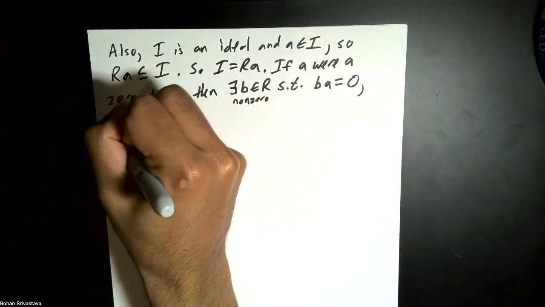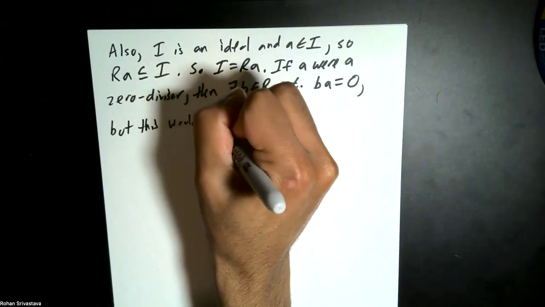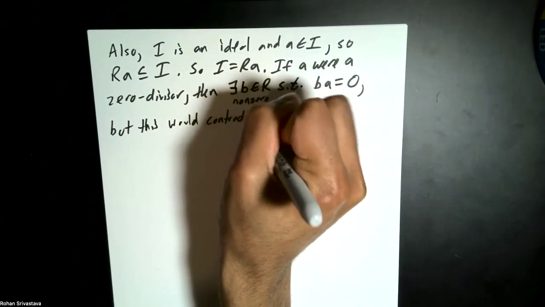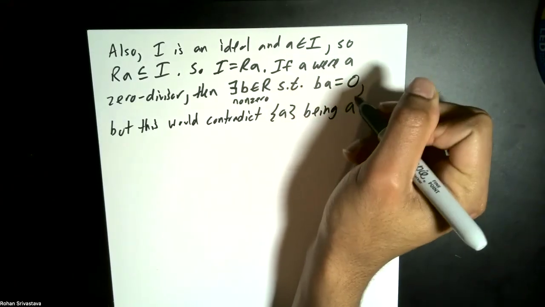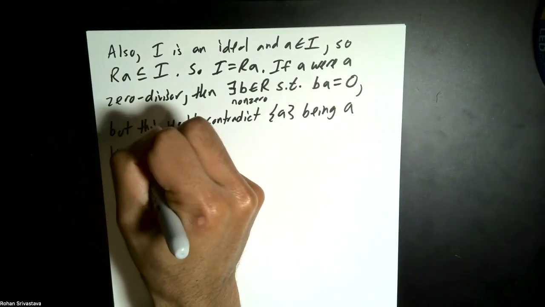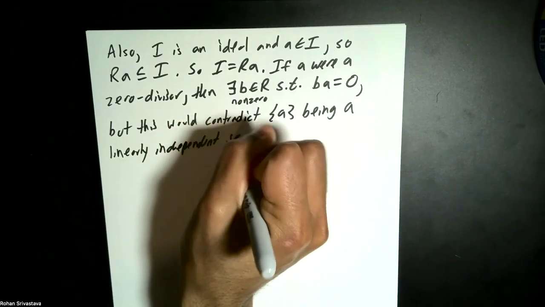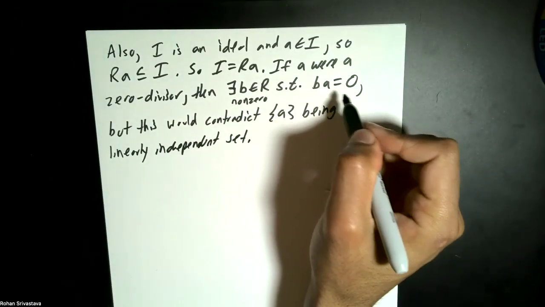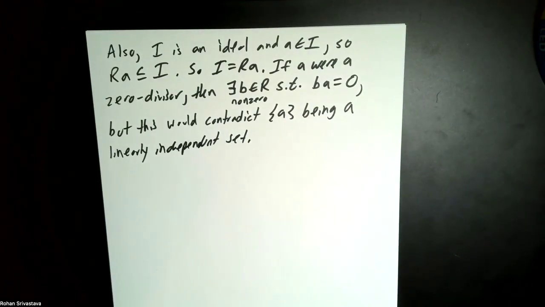But this would contradict the set containing A being a linearly independent set. In particular, we've written zero as a linear combination of elements of our set where the scalars are not all zero.